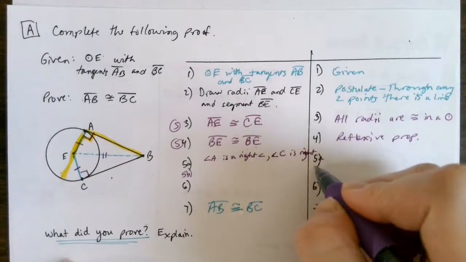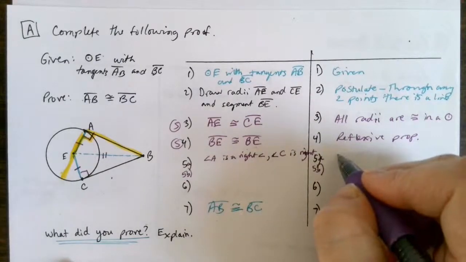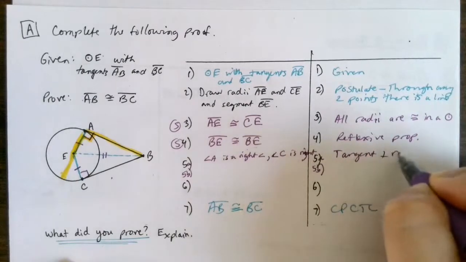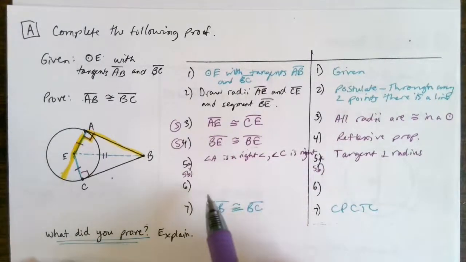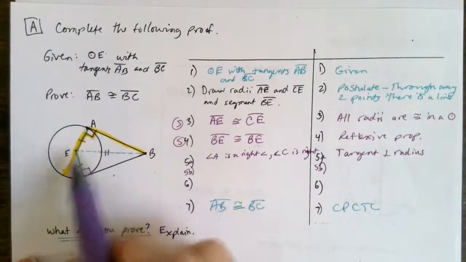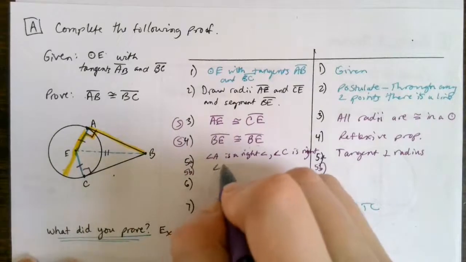And so 5A is going to be tangent perpendicular to a radius. The other thing that you could say is that is a theorem that we didn't put a number with. You could also say that the angle is half the arc and say the measure of the angle is 90 degrees and then use substitution.